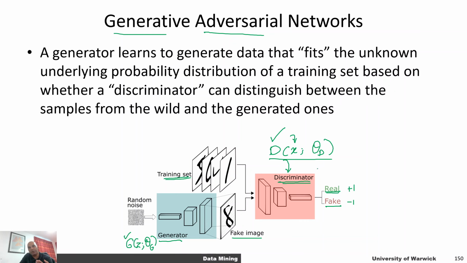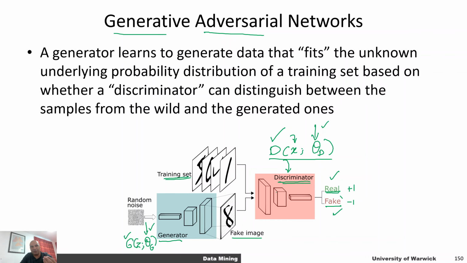On the other hand, we want to train the discriminator in such a way that it is able to pick up any fakes. And then we use this signal of real or fake to train both theta D and theta G. Think of both of these as neural networks, the generator and the discriminator, and all the weights of the discriminator and the generator are called theta D and theta G respectively.